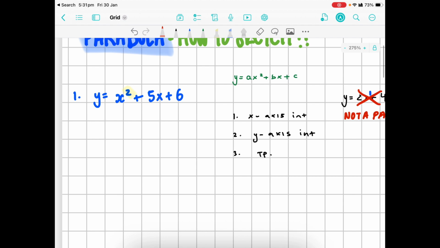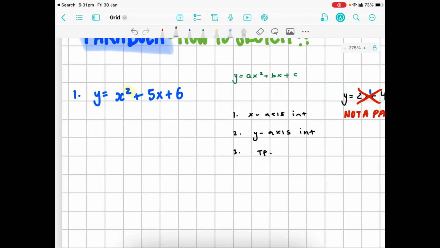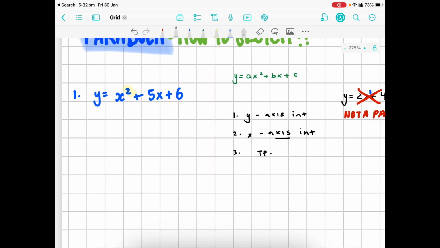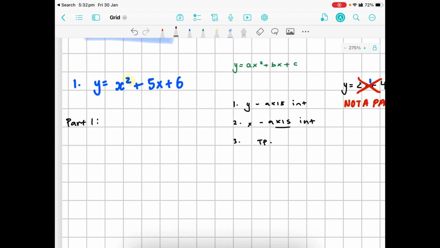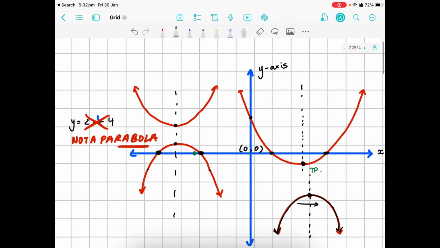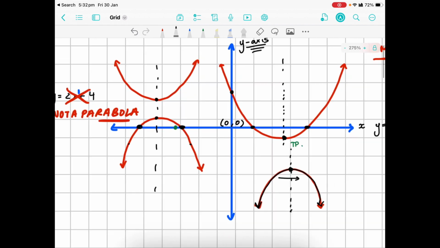Let's draw this out. Let's first find the y-axis intercepts. I find that's always the easiest, and I might just label it because it'll be easy. Okay, let's start with part 1. The y-axis intercepts are these points over here, the ones that lie on the y-axis. If you notice, x is actually equal to 0 here.